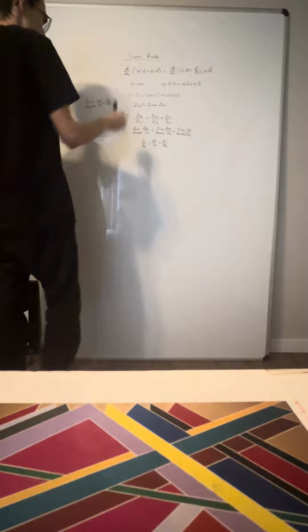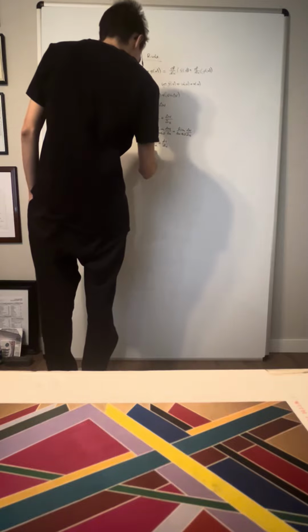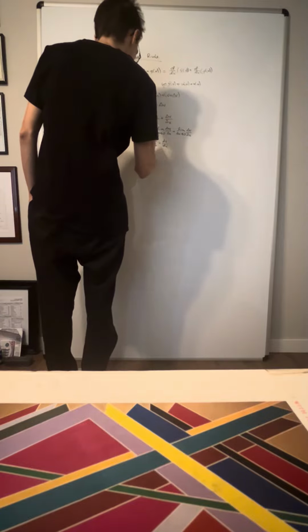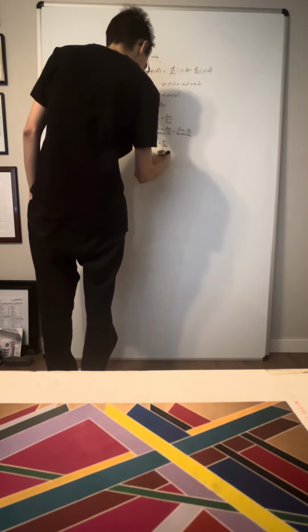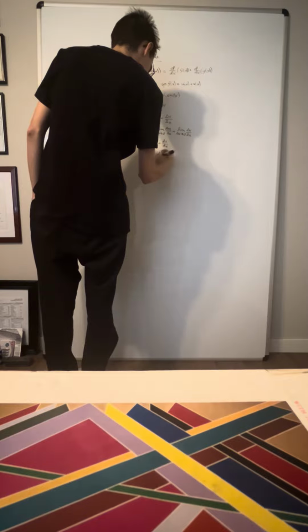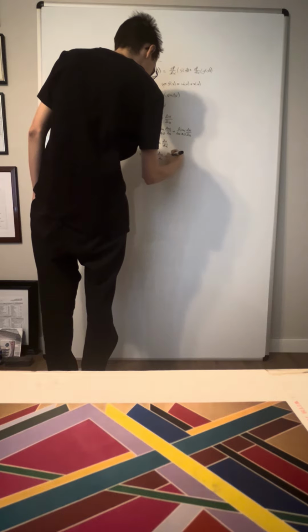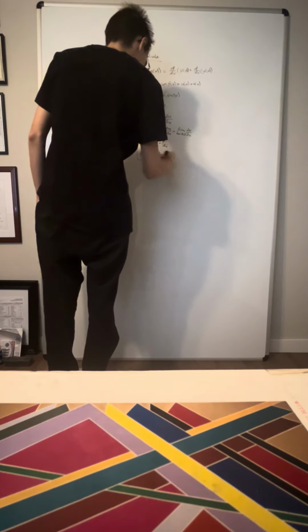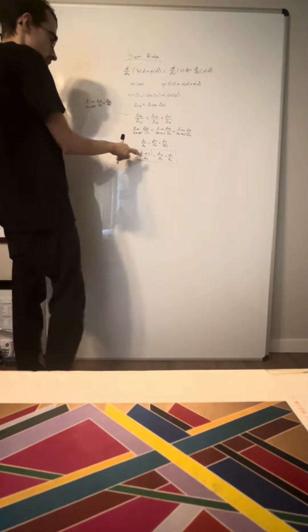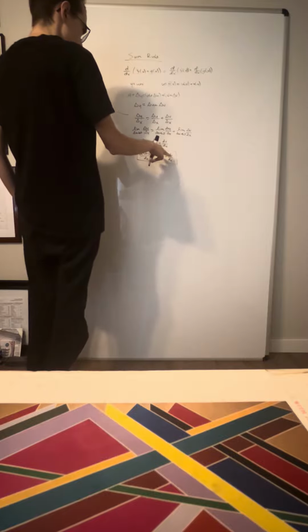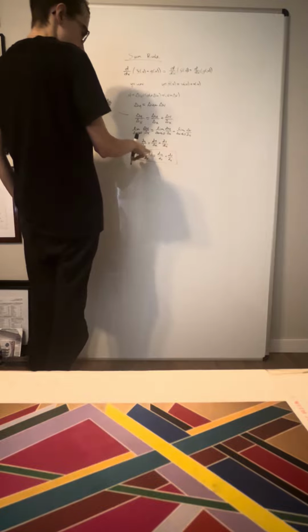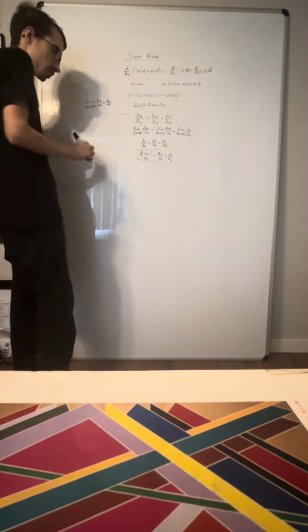Before, we defined y to be u plus v, so that means d of u plus v over dx equals du/dx plus dv/dx. In other words, taking the derivative of some f of x is the same as taking the derivatives of each of the pieces. You can split it up individually.